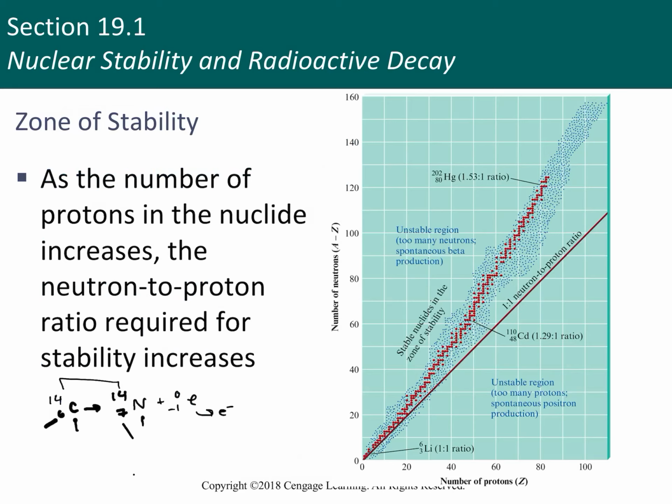In this picture, you can see a plot of the positions of stable nuclei as a function of number of protons and number of neutrons. The most stable nuclides are said to reside in the zone of stability. Look at the red dots, they indicate the nuclides that do not undergo radioactive decay.